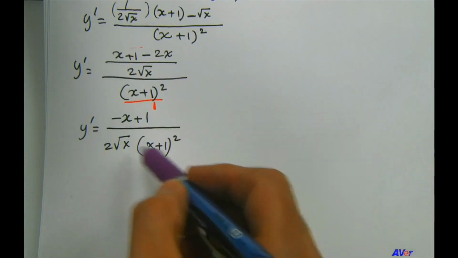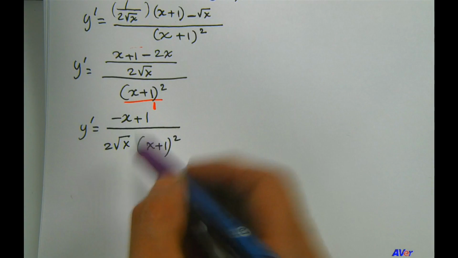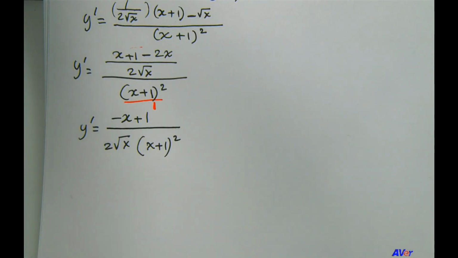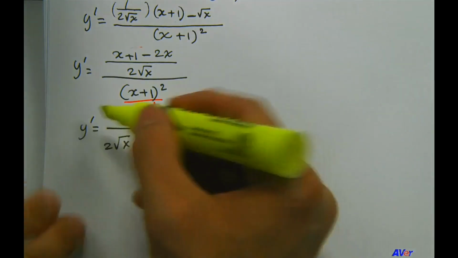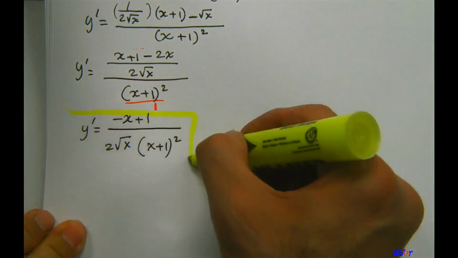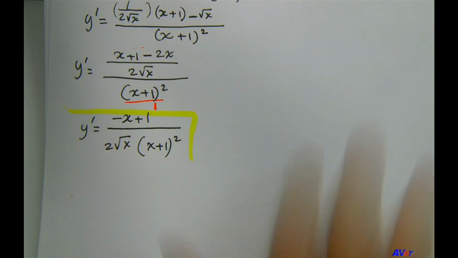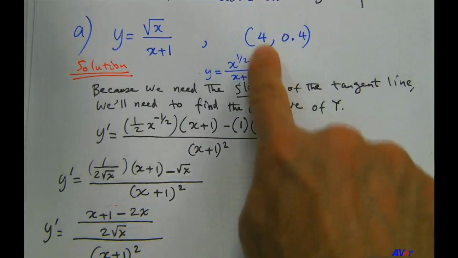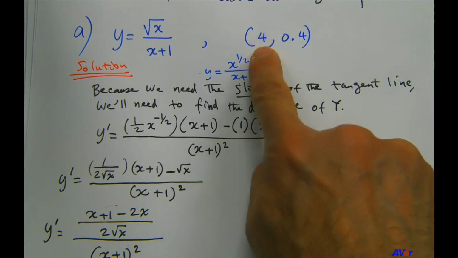Okay, so this is the derivative. Now we need to plug in here. So this being the derivative, now we need to find the slope by plugging in 4 for x. Okay, so let's do that.